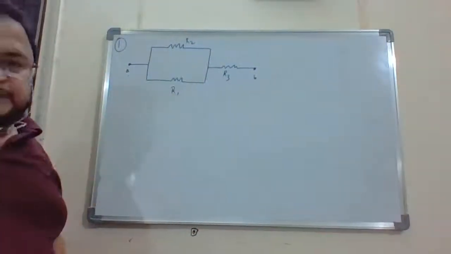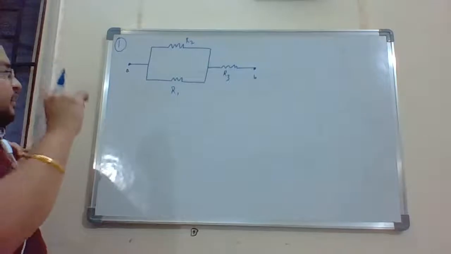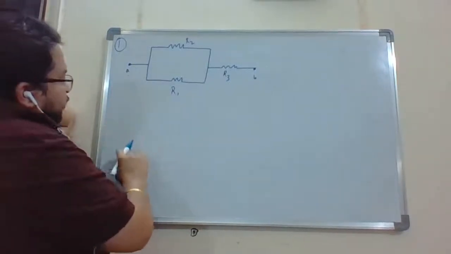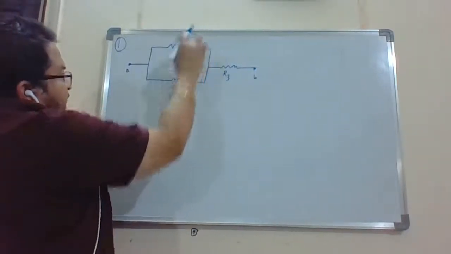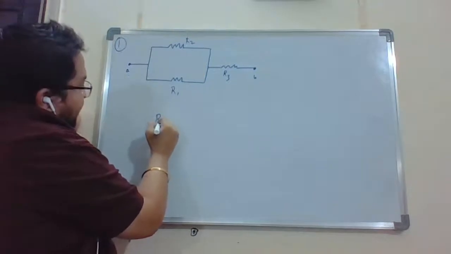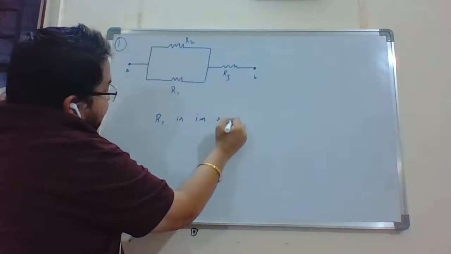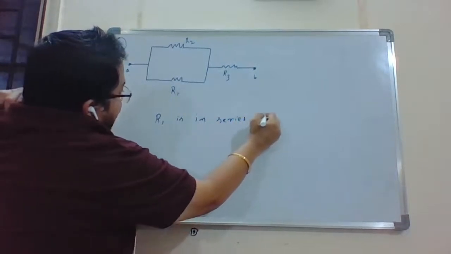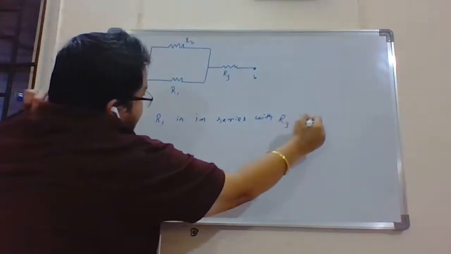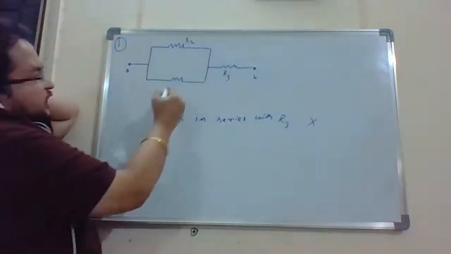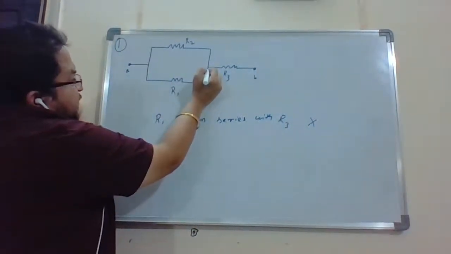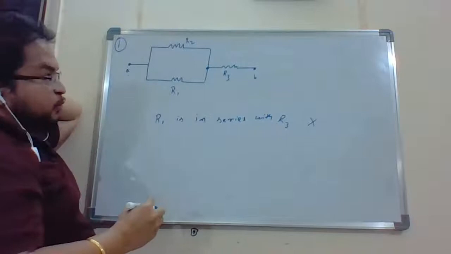In this circuit, right now, this is very simple. Can I say that R1 is in series with R3? The answer is no, because R1 and R3, I can assume that they are meeting at this point.